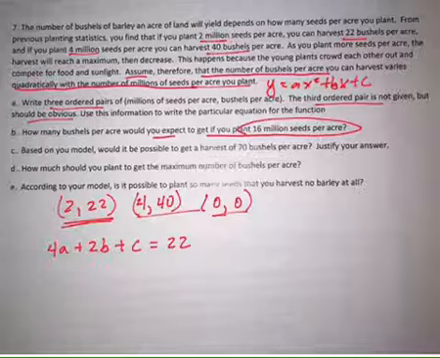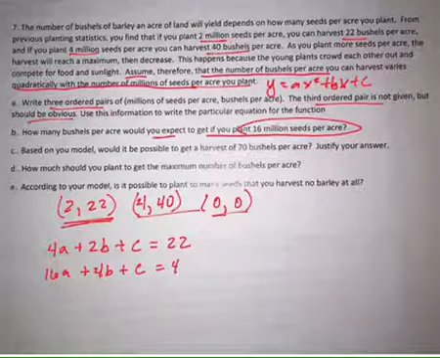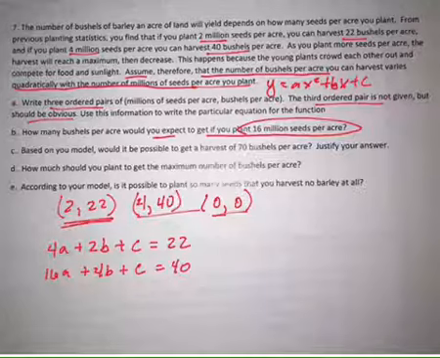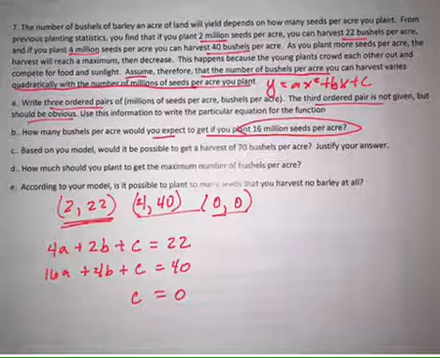Equation 2 is going to be 16a plus 4b plus c equals 40. And equation 3 is going to be c equals 0, because I've got 0 for the other one, so it's just c equals 0, which is nice.